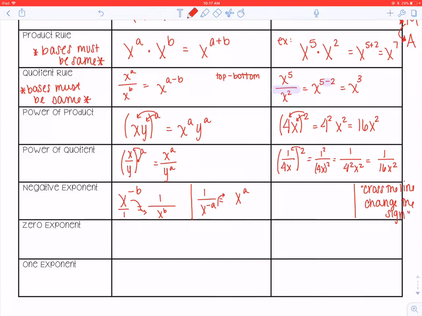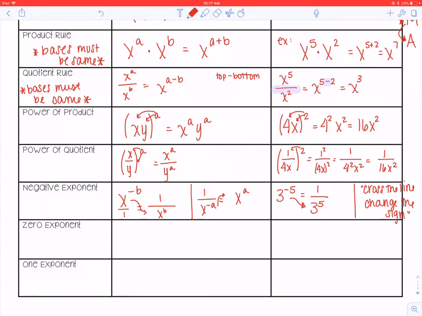That's how you can remember what to do with these. Cross the line, so bring it from bottom to top or top to bottom, and then change the sign only of the exponent. An example of this would be 3 to the negative 5. Well, that's the same thing as 1 over 3 to the 5, because I took it to the bottom and I changed the sign of the exponent.